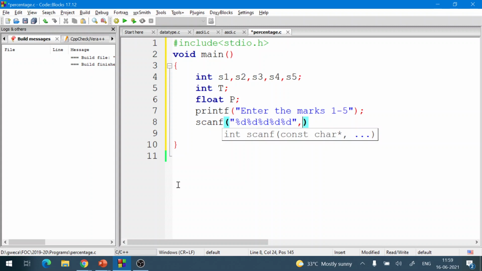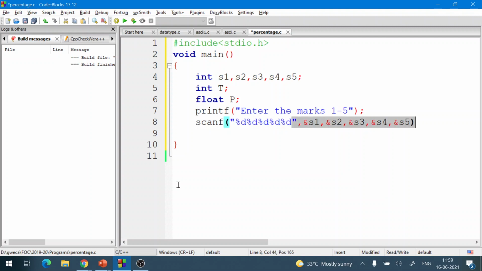These go to &s1, &s2, &s3, &s4 and &s5. These 5 %d will take integer values, and they will store these values into these 5 addresses.